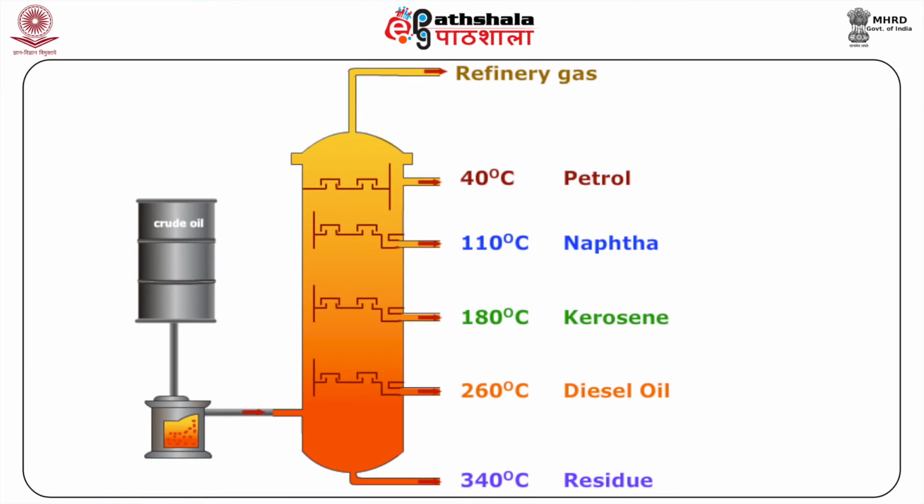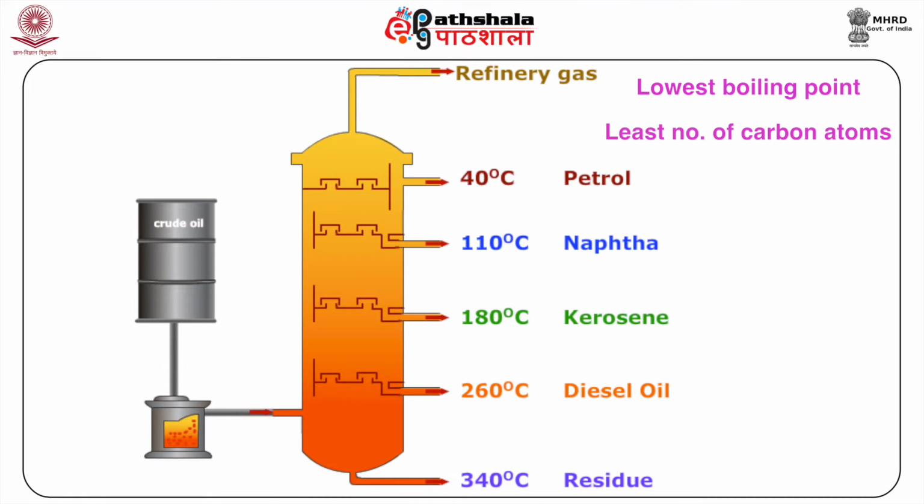The substances having the lowest boiling point, which have the least number of carbon atoms, come out first, followed by the ones which have a higher number of carbon atoms. So, they will have higher boiling points.